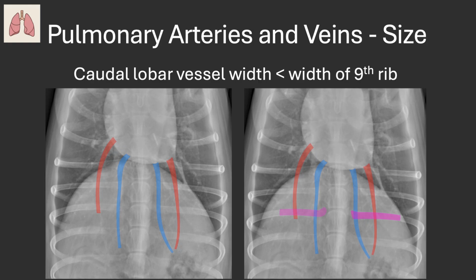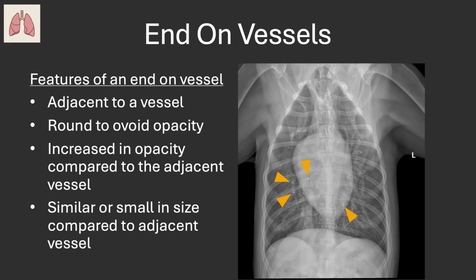Strictly using these methods of objective evaluation of the pulmonary arterial and venous size will in some cases result in overcalling pulmonary vessel enlargement. Therefore, assessment should take into account the patient's clinical presentation, as well as other radiographic findings to help support your final radiographic conclusions.